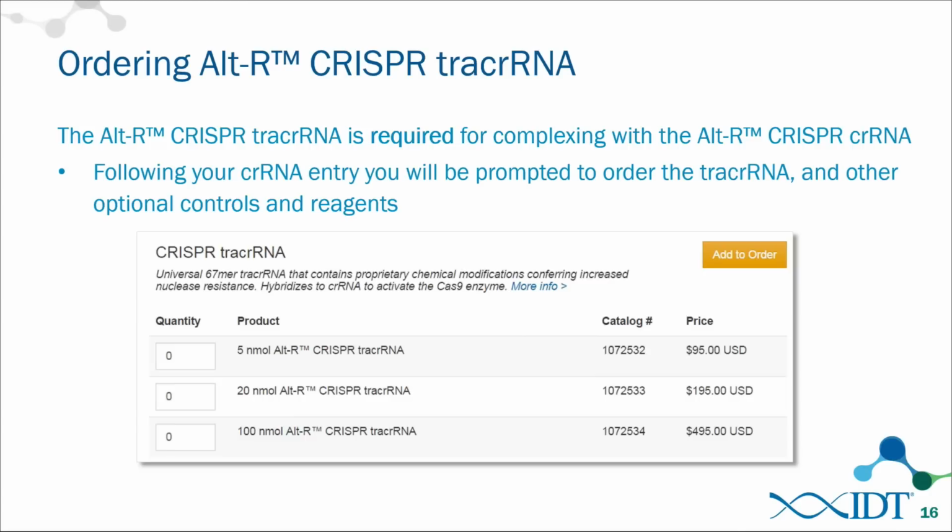That's with lipofection. If the same experiments are looking to do with nucleofection, that can require a couple orders of magnitude more reagent in terms of the CRISPR RNA tracer RNA complex. And so you'll want to scale your orders appropriate to the application of your editing experiments.